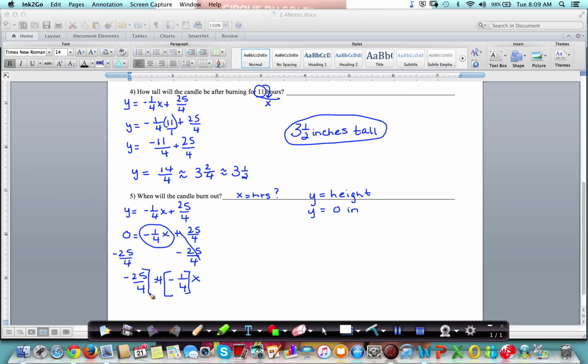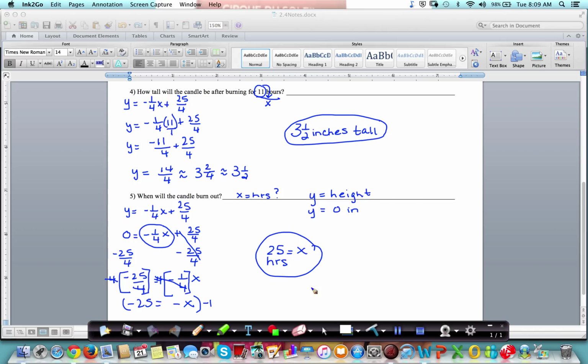If you do that to one side of the equation, you have to do it to the other. What ends up happening is the 4's cancel, so you get negative 1x equals negative 25. And then, of course, you can't have a negative x, so you multiply everything by negative 1, and all that does is change the signs. So 25 equals x, and 25, remember, is hours. It's going to take 25 hours before the candle is completely burned out.